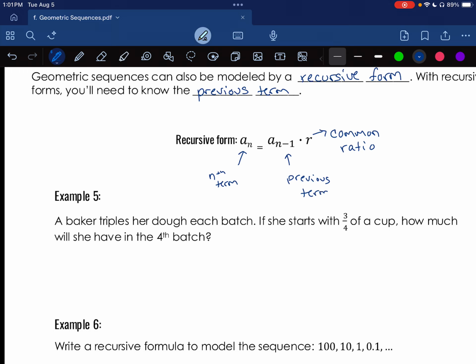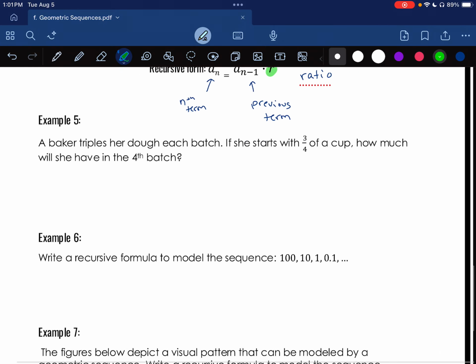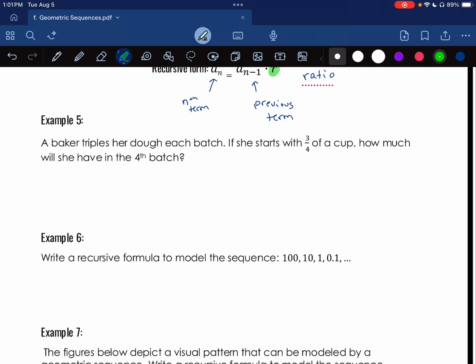All right, so a baker is tripling her dough each batch. Okay, so that is telling me that my rate is multiplied by 3. If she starts with 3/4 of a cup, how much will she have in the 4th batch?